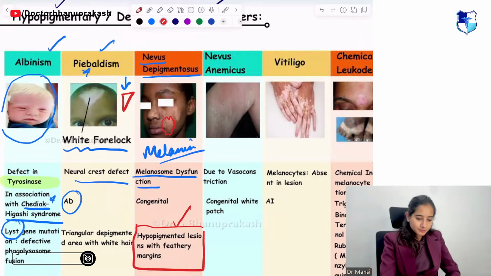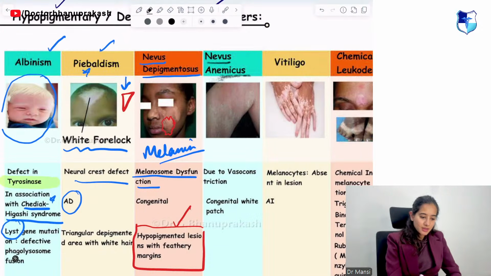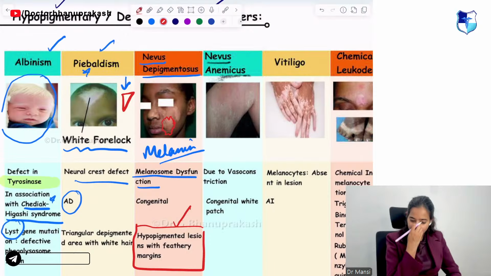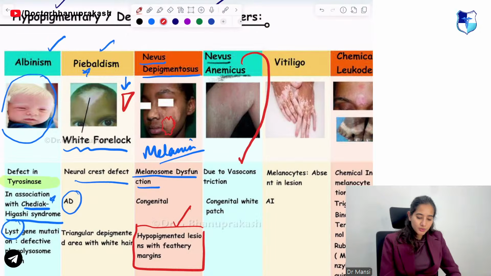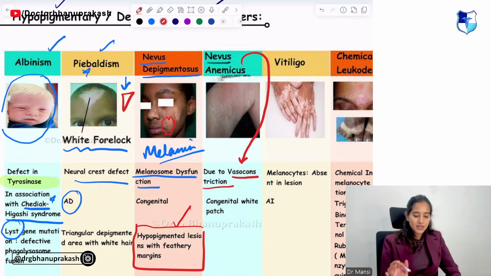Then we have a condition called nevus anemicus. This anemicus may remind you of anemia, but it has nothing to do with the anemia condition. What it tells you is that there is vasoconstriction.